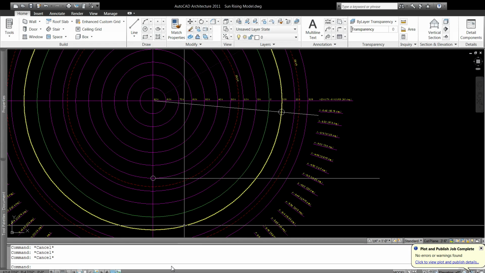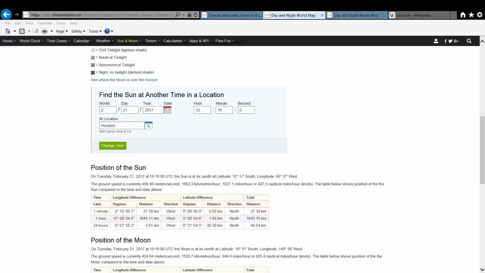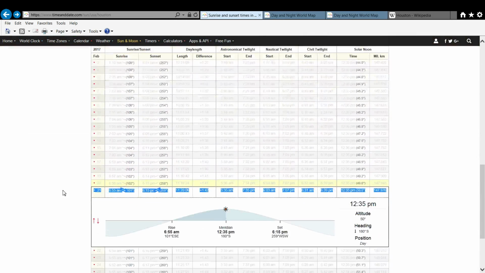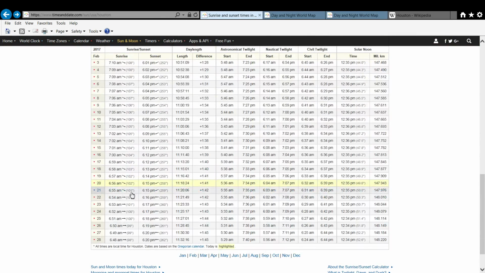Now, one more thing that we didn't pick up. We're going to go back to timeanddate.com, and right here, right there, 101 degrees. That is the angle that you will view the sun if you're in Houston, Texas on February 21st. 90 degrees being due east, 101 degrees is therefore 11 degrees south of due east.